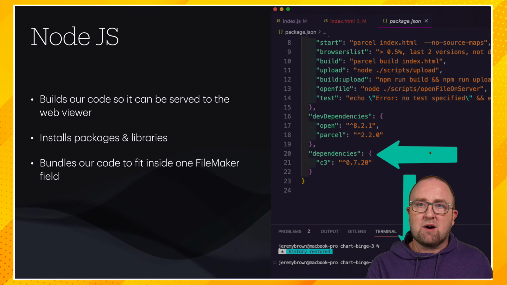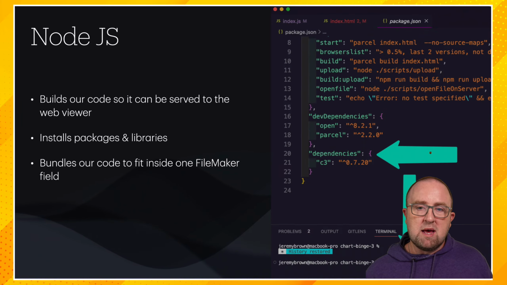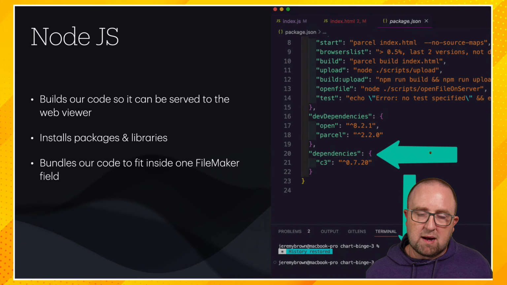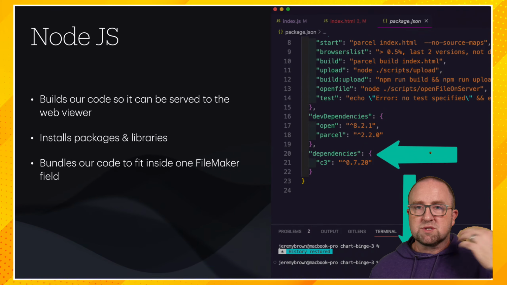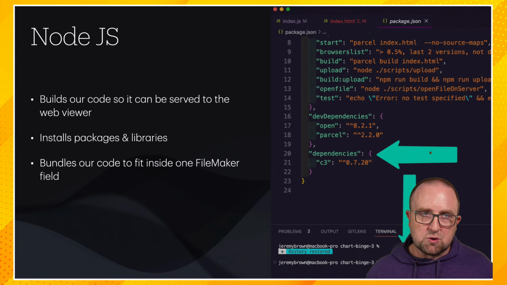But this allows me to do what I was just showing, where in VS Code I can run a little command and it will build up my code, and it will start up a development server and make that available to FileMaker, the web viewer, to read.